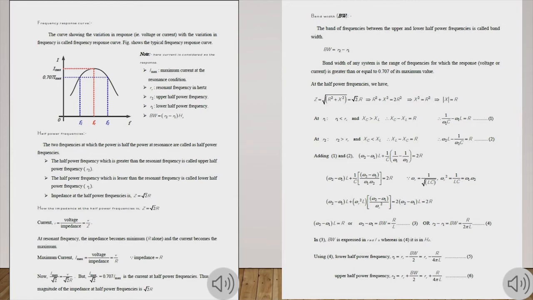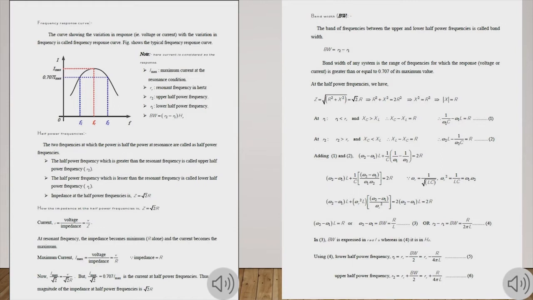F2, upper half power frequency. F1, lower half power frequency. Bandwidth equals F2 minus F1 in Hertz. Half power frequencies: the two frequencies at which the power is half the power at resonance are called half power frequencies.